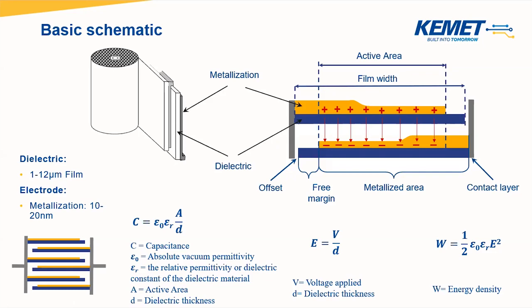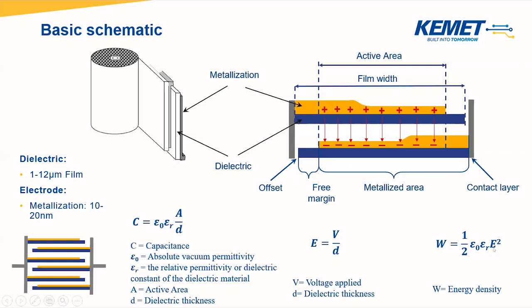When we apply voltage, as we said, we create an electric field between these two layers of film, which is calculated by dividing the voltage applied by the thickness of the dielectric. If we consider the energy density, so the energy divided by the volume, we can see that we have this kind of relationship.